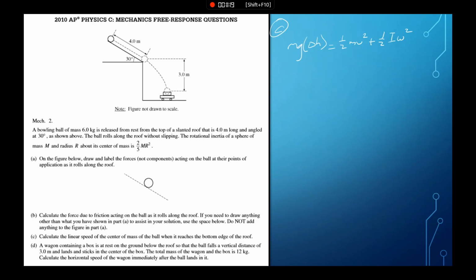What's our change in h? Wait, when it reaches the bottom of the loop, so it's sine 30. No, 4 sine 30. Okay, 4 sine 30. So that's 2.